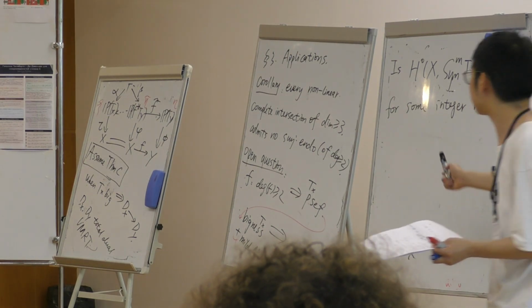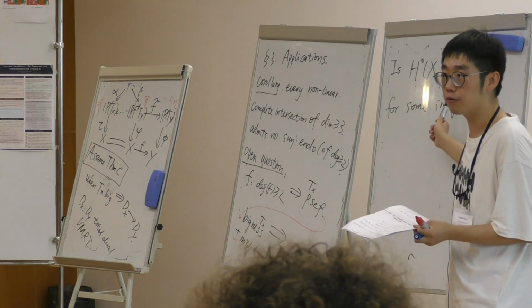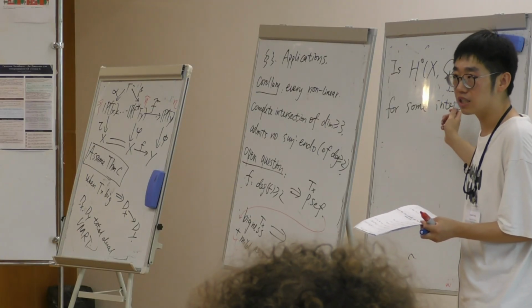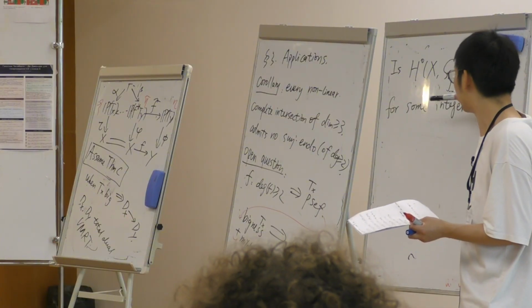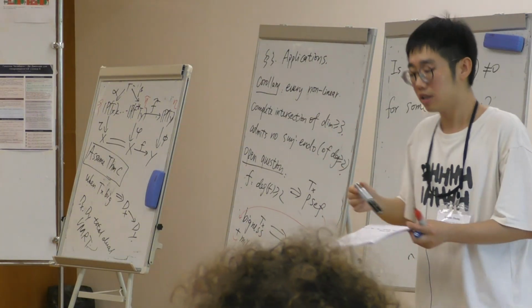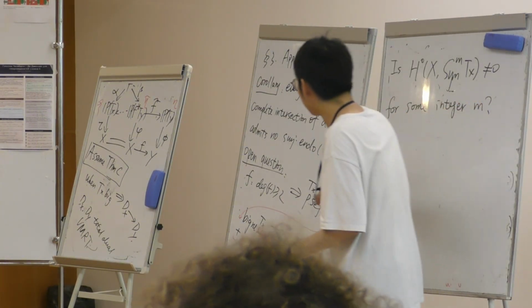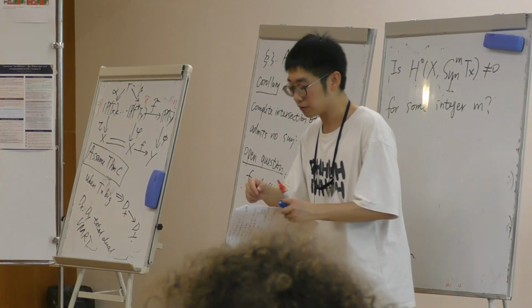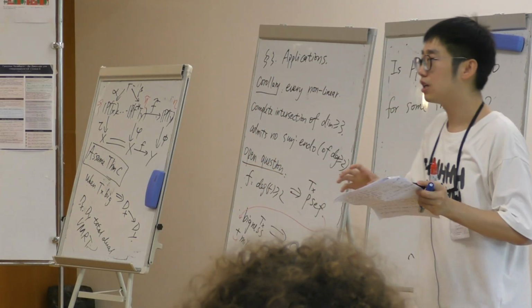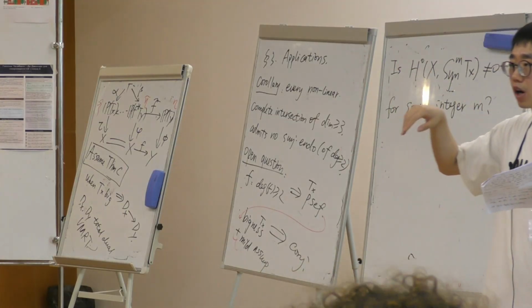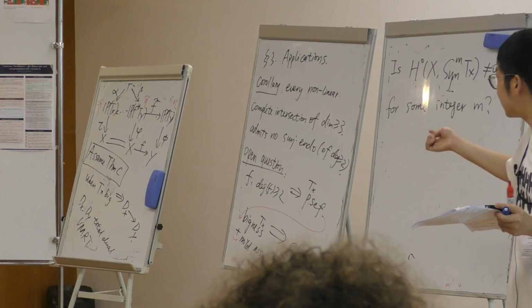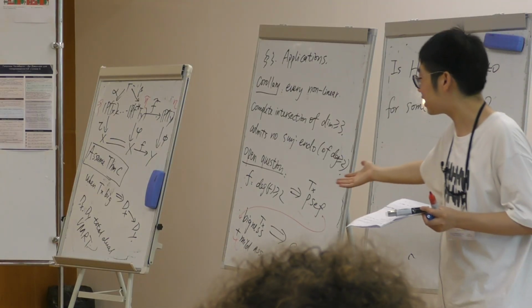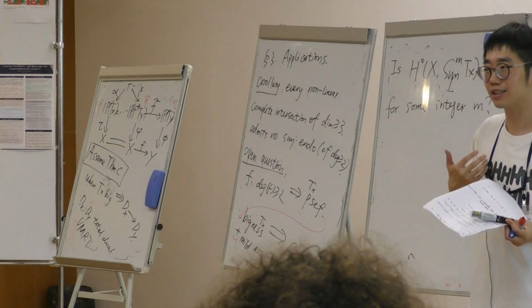But what if the symmetric power of T_X itself, whether it is vanishing or not. Because this T_X itself is pseudo-effective, if you consider the pseudo-effective cone, then if T_X is big, that is what we would like to see.